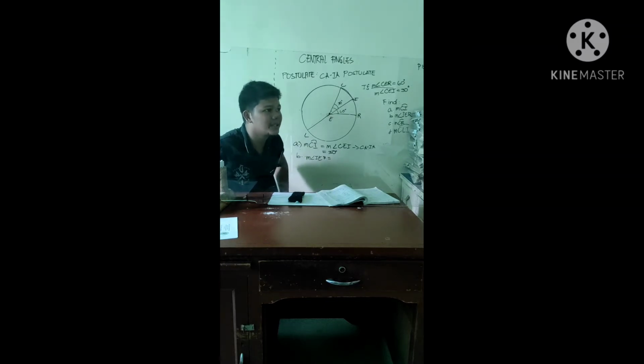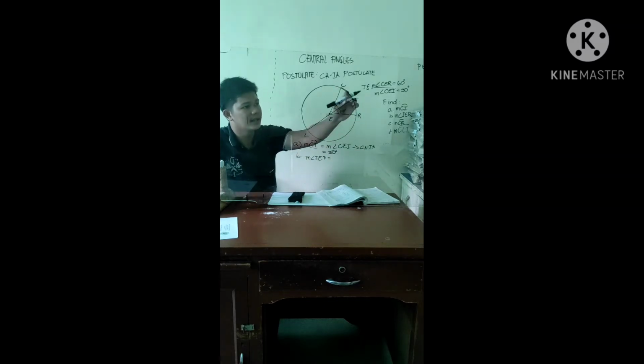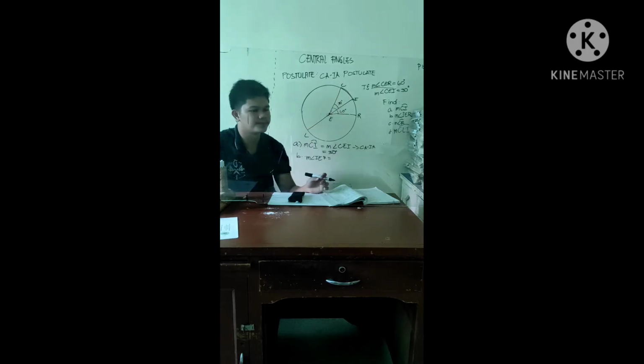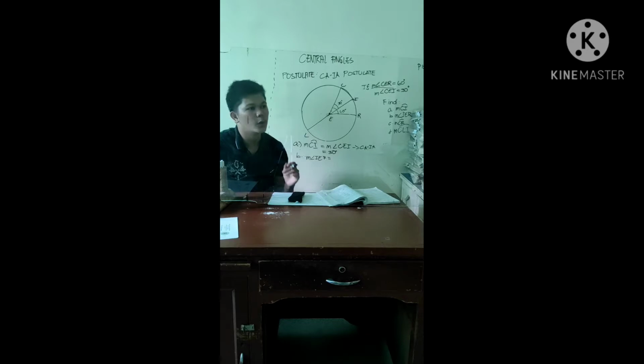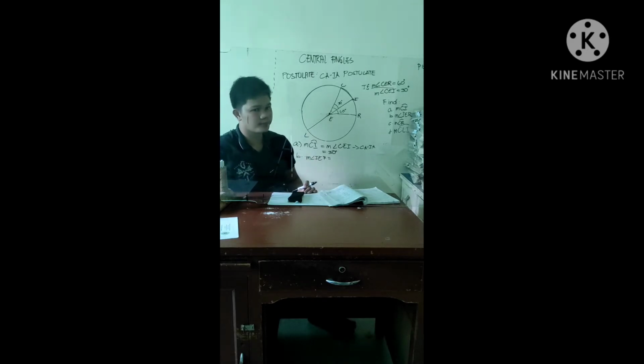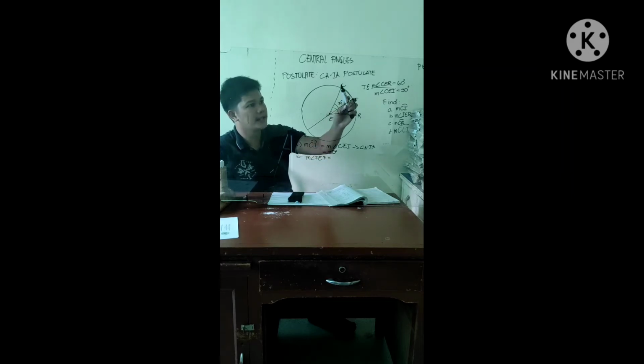Kasi nga, yung given is CER and CEI. So, para makuha si IER, what we are going to do is to minus angle CEI, CER, at saka si CEI. Para makuha natin kung anong angle yung nandito.